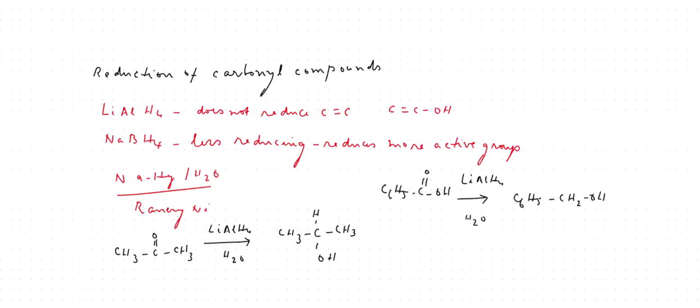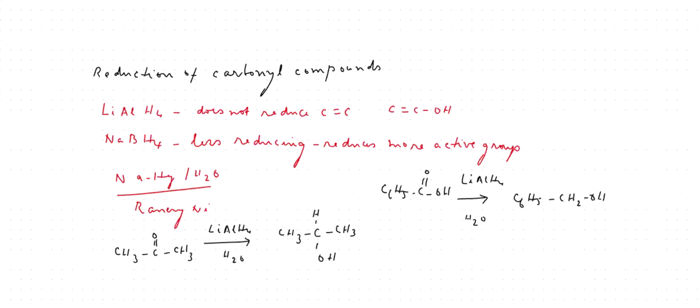See, when two or more functional groups are present, this is another special example. When two or more functional groups are present in a molecule, the less vigorous sodium borohydride is used as reducing agent to reduce the more reactive group. For example, this particular point you should remember.